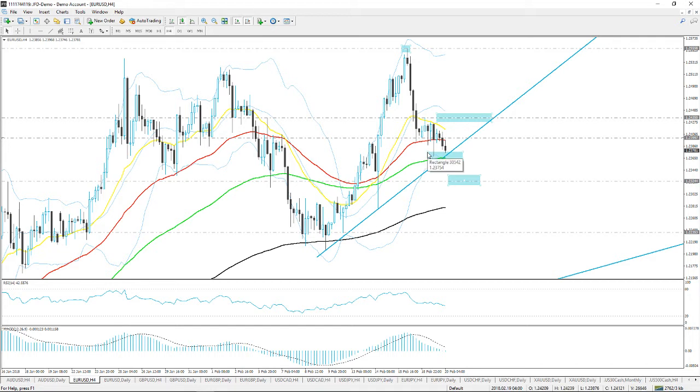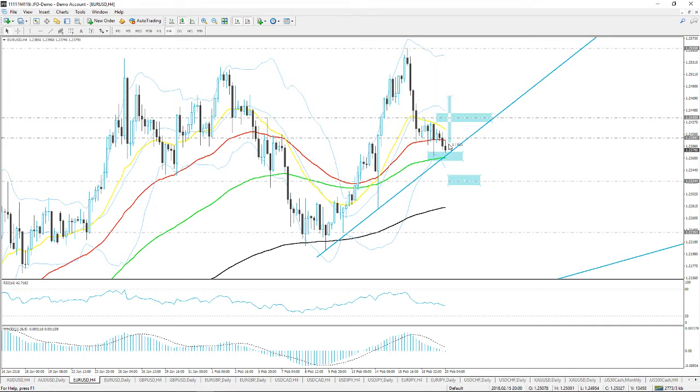The first strong support level is around here, this trend line, where it would also meet its 100 EMA on this 4-hour chart. So if this manages to bounce off of it, then we should look for a move back to the 124 level.